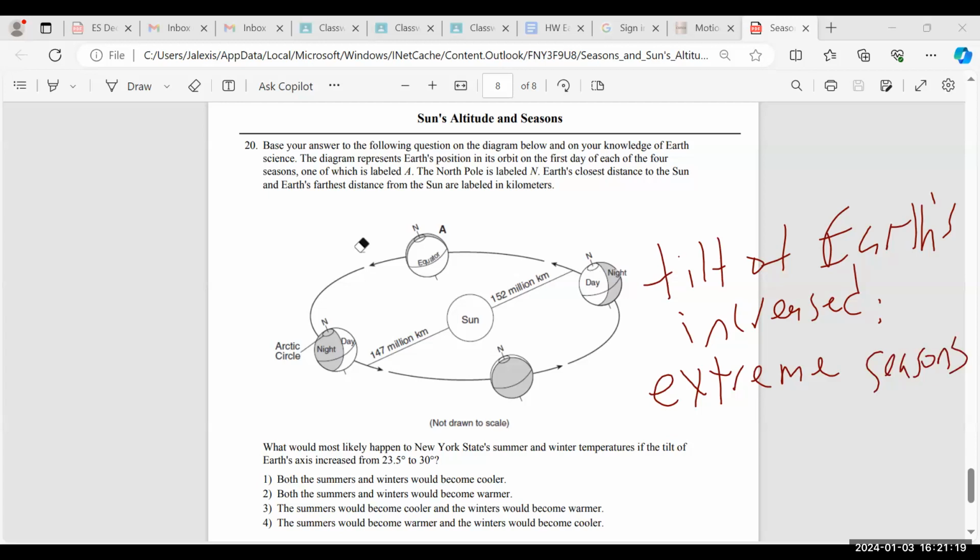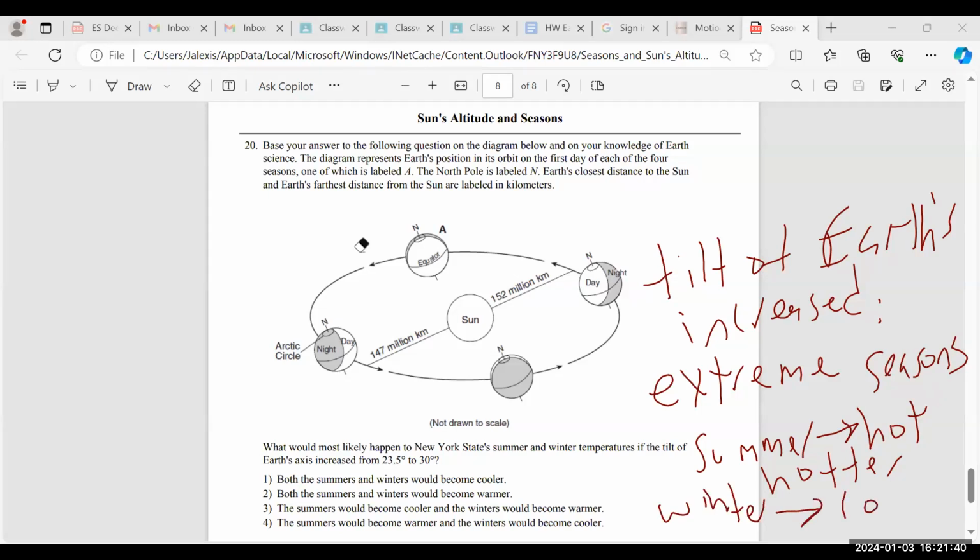That means that if summer is identified as pretty much a hot season, then an extreme summer is going to be hotter, right? And if winter is identified as a cool season, then with an extreme winter, it's going to be cooler.